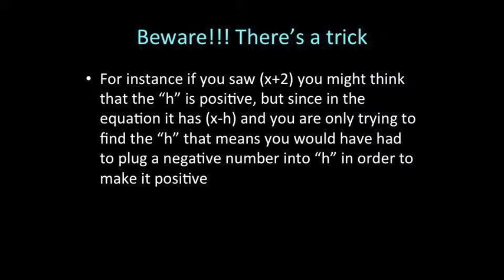But be aware, there is a trick. For instance, if you saw x plus 2, you might think that h is positive. But since the equation has x minus h, you are trying to find h, which means you had to plug in the negative number into h in order to make it positive.